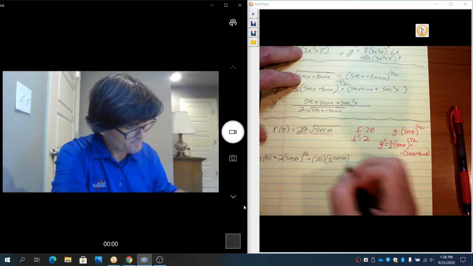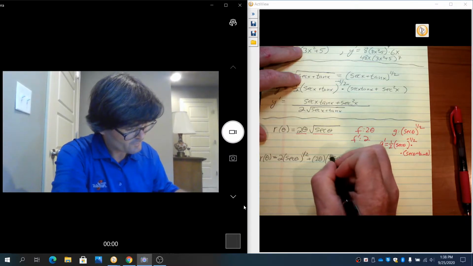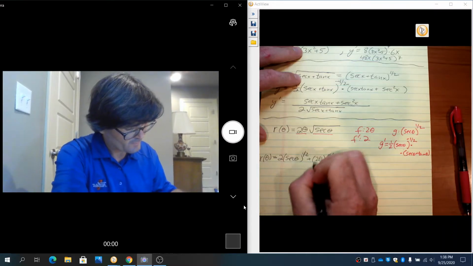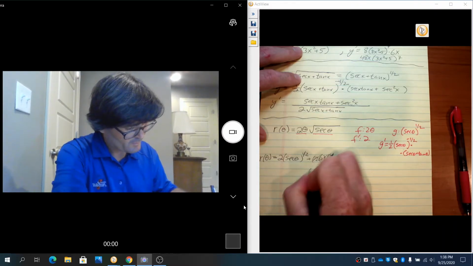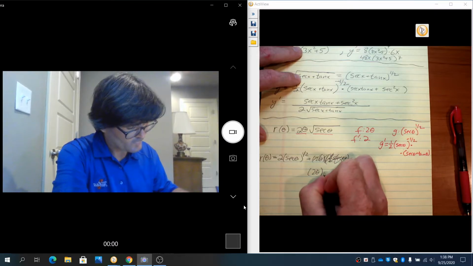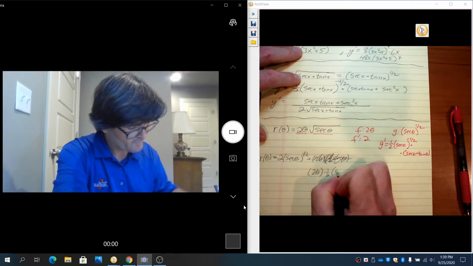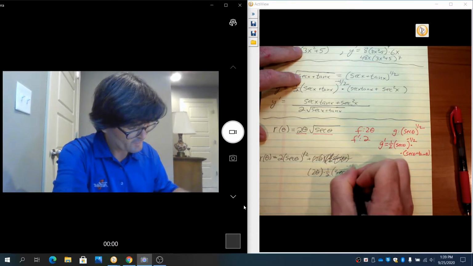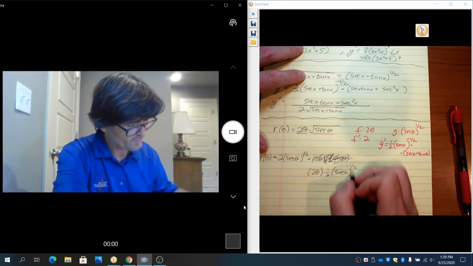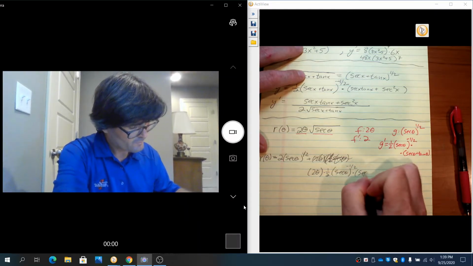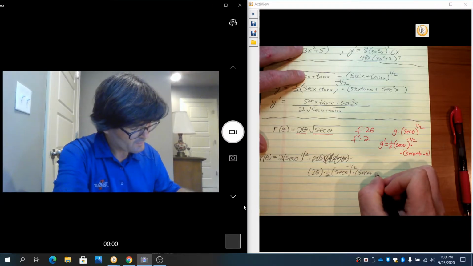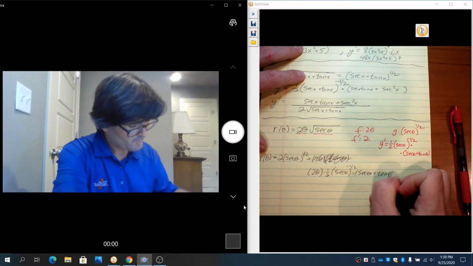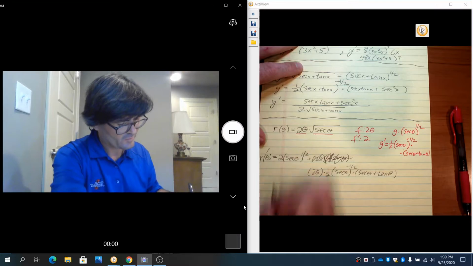I'm sorry, try that again. The 1/2 should have been times 1/2, and then secant theta to the negative 1/2. The half had to be outside the parentheses, times secant theta plus tangent theta. That's the derivative of r.